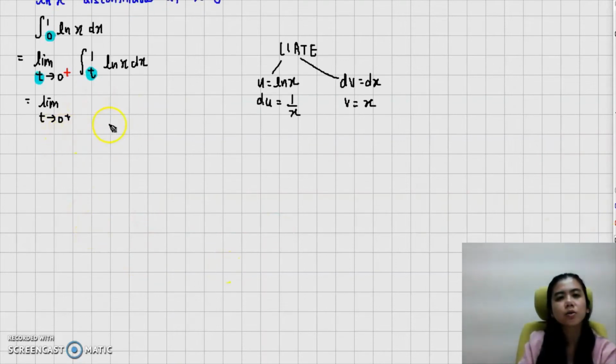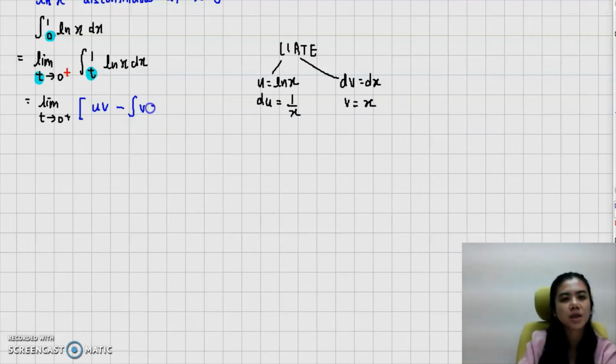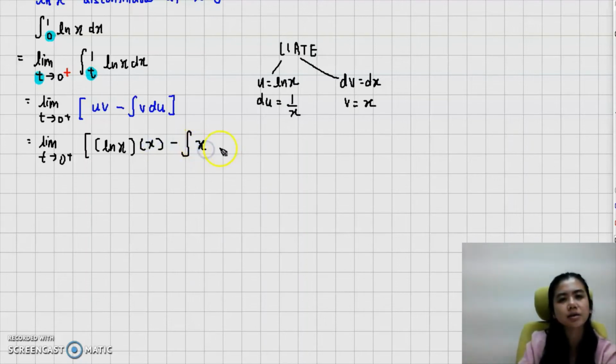Now we have uv minus the integral of v du, and we do the substitution. The u is ln x, the v is x, minus the integral of v, which is x, and the du, oh, I forgot to put the dx here, so we have 1 over x dx.